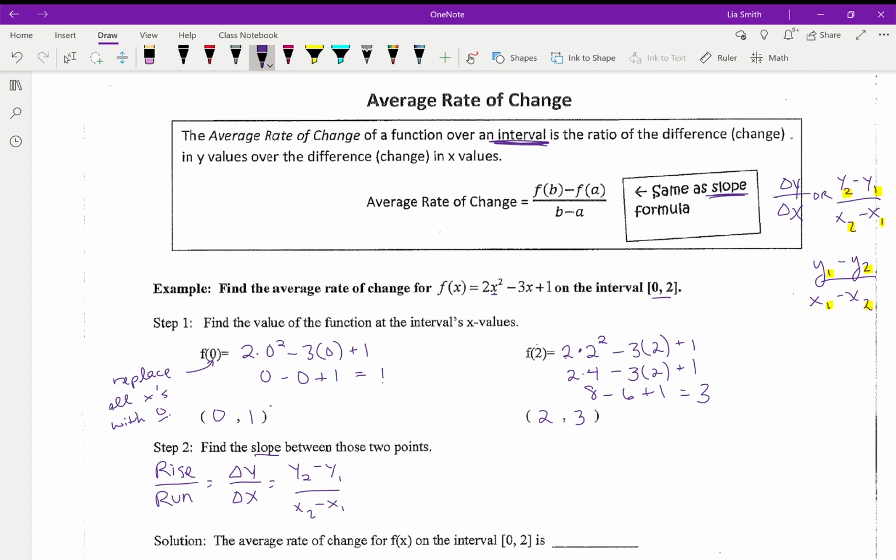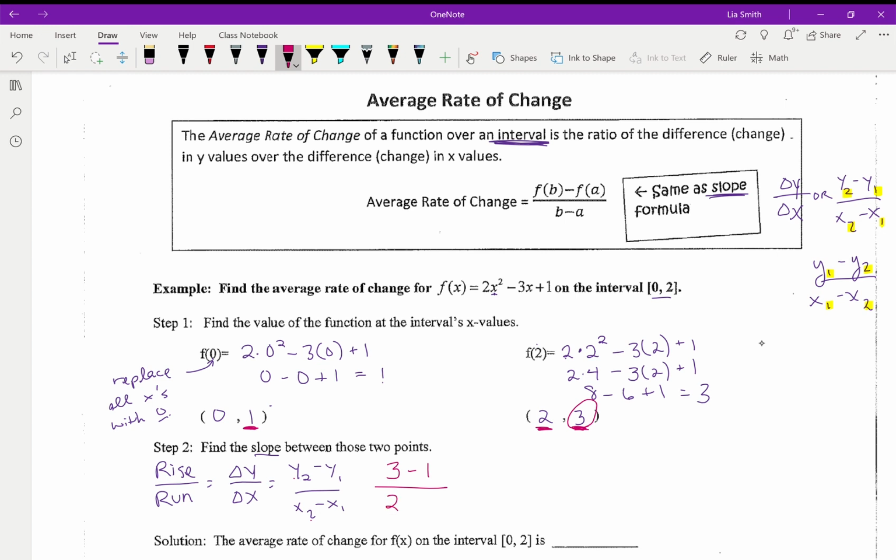So then what I'm going to take is the y value from the second equation. I'm going to use some colors here to help us out. I'm going to take the y value, which is the second one. So this 3 becomes y2. Then y1 comes from the first problem. And then x2 comes from the second one.